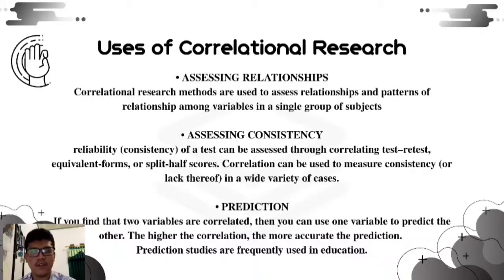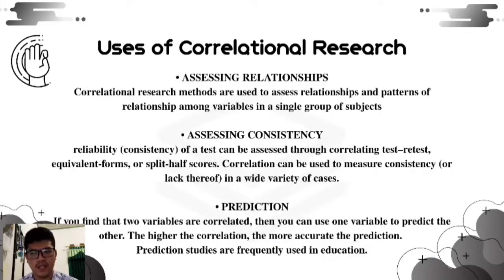And third is prediction. Assessing the relationship: correlational research methods are used to assess relationships and patterns of relationship amongst variables in a single group of subjects.